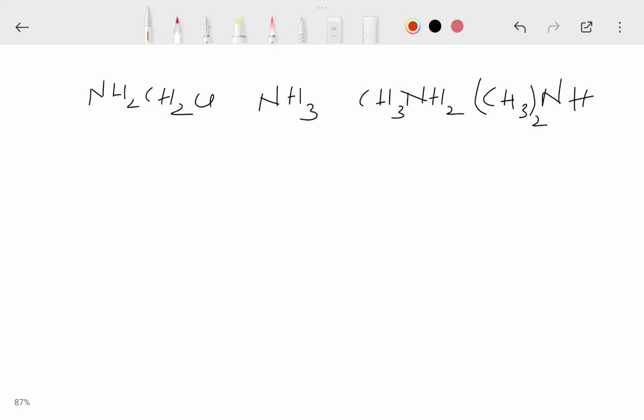In this example, you can write the increasing order of basicity, because we are trying to write the increasing order of basicities.